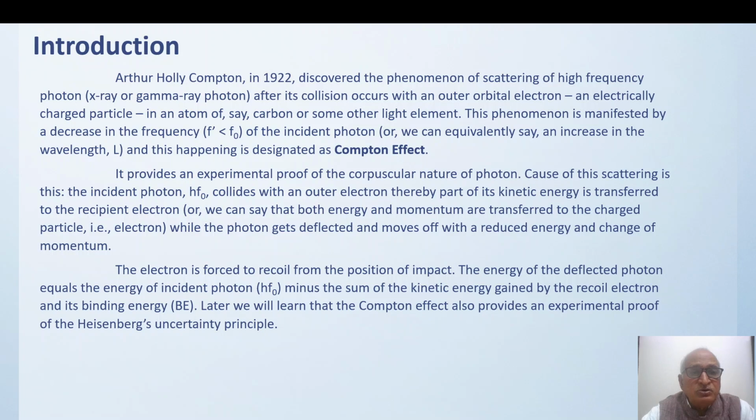The electron is forced to recoil from the position of impact. The energy of the deflected photon equals the energy of incident photon minus the sum of the kinetic energy gained by the recoil electron and its binding energy.